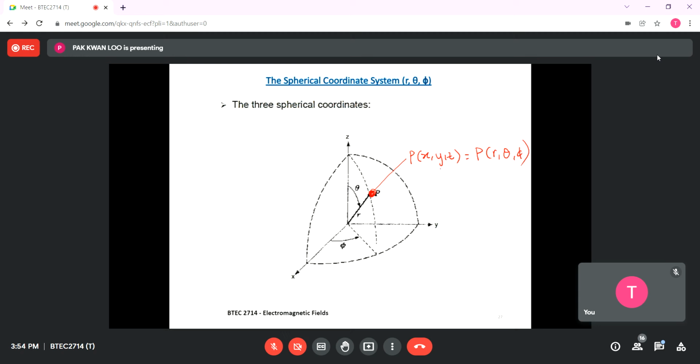There is a relation between r and xyz, theta and xyz, and phi and xyz. The direction of phi is the same as in cylindrical coordinates, while theta is measured from the z-axis, projecting down to the negative z-axis.